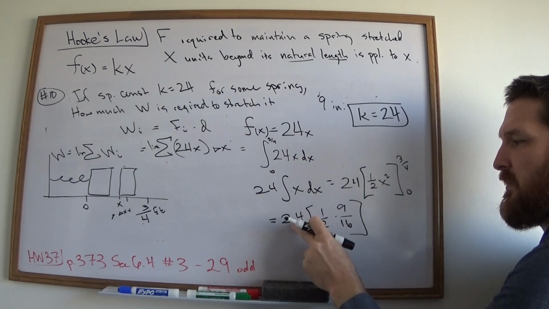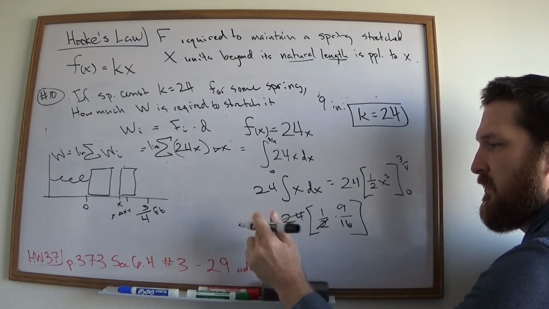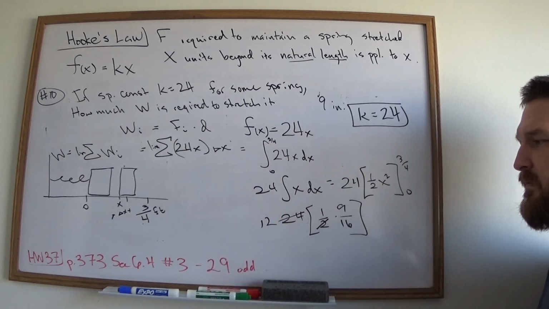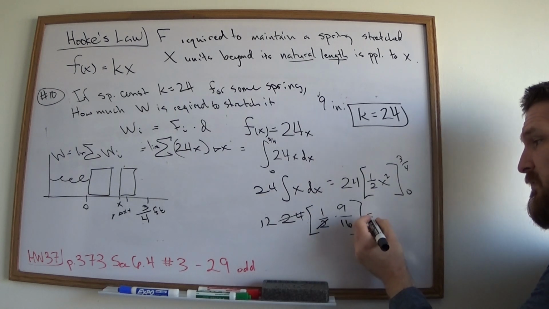There's a 2 here, and that gives me 12. You could just do 9 over 16, which is 4, and then 4 times 24. Good for you for being able to do that.